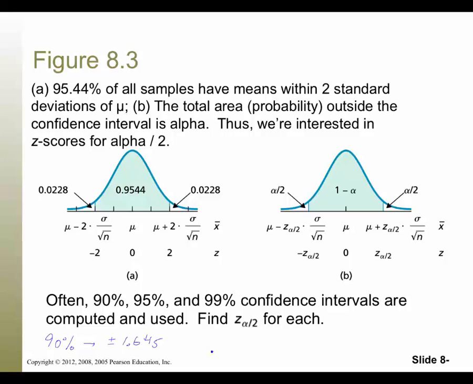For 95%, 1.96. And for 99%, plus or minus 2.575. And these are z values, so these are z's, or numbers of standard deviations.